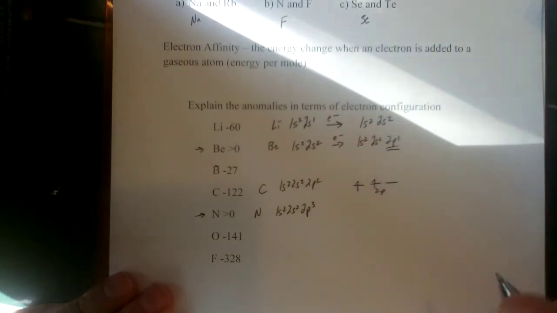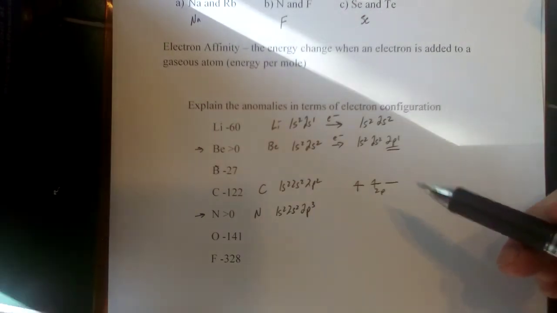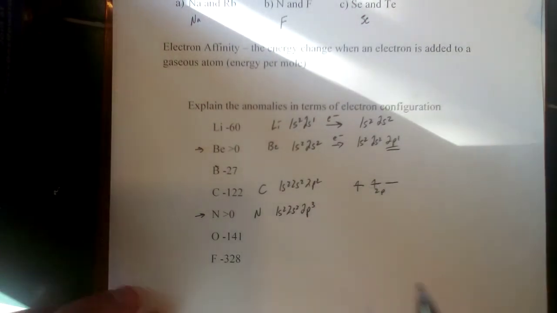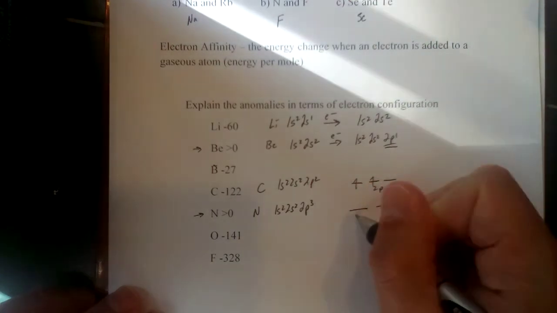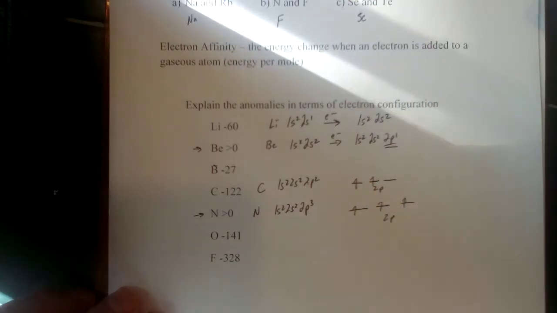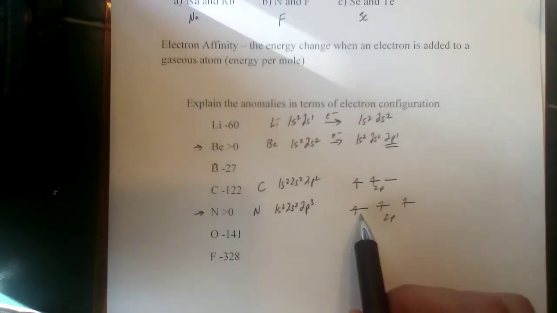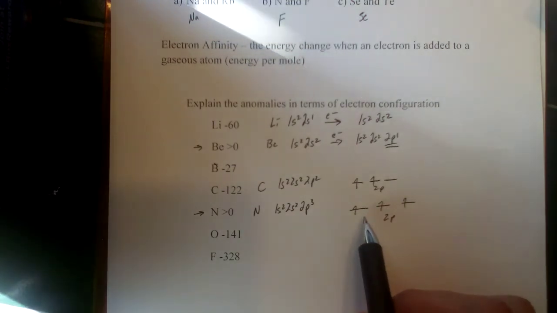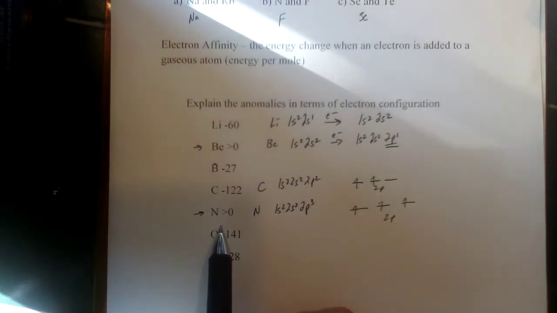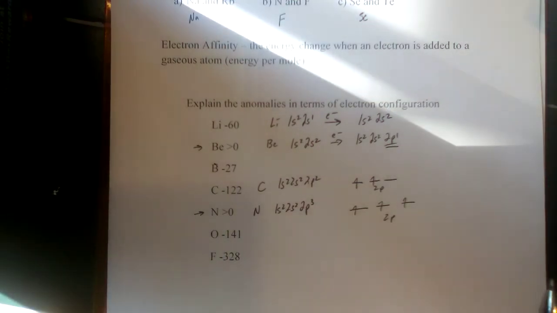It's only got 2 electrons. The added electron is going to go here. It's not going to have to deviate from the spin of the first 2 electrons, but for nitrogen, the 2p is now half full. So all the electrons have spin up, but to force an electron into nitrogen, that electron is going to have to break the spin symmetry. It's going to have to go in with spin down. That's why it's not favorable. That's why we would have to force the electron in, because of the spin.